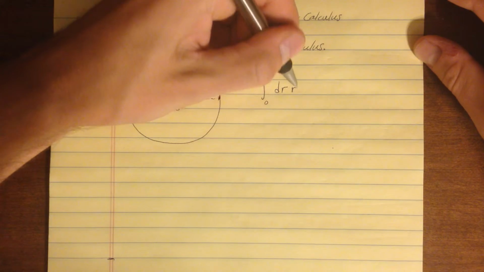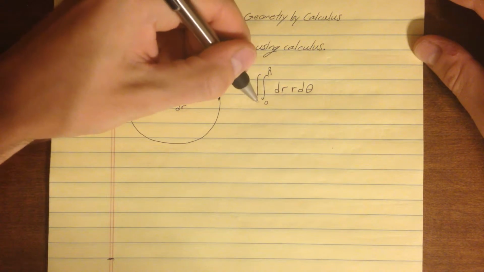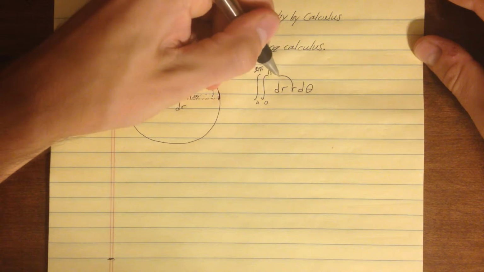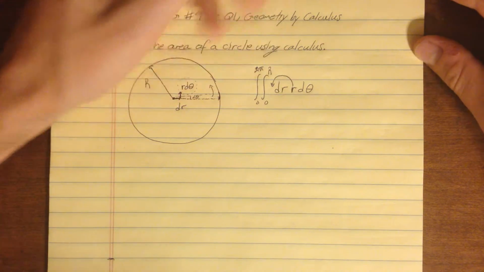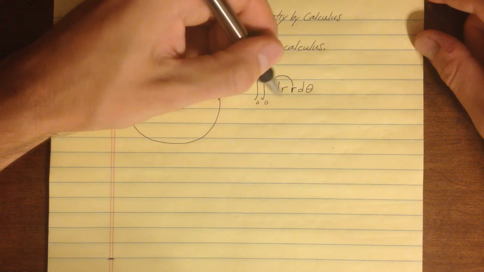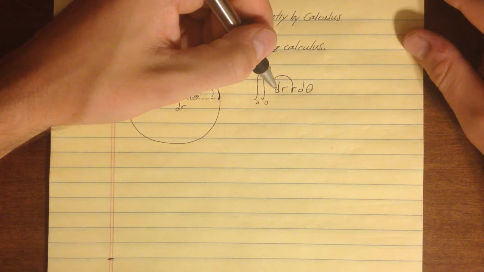So this is going to be r d theta, again from 0 to 2 pi. Now this r needs to come out in front of the dr, because this r is a function of dr, so we need to make sure that we integrate that with the dr portion of the integral.